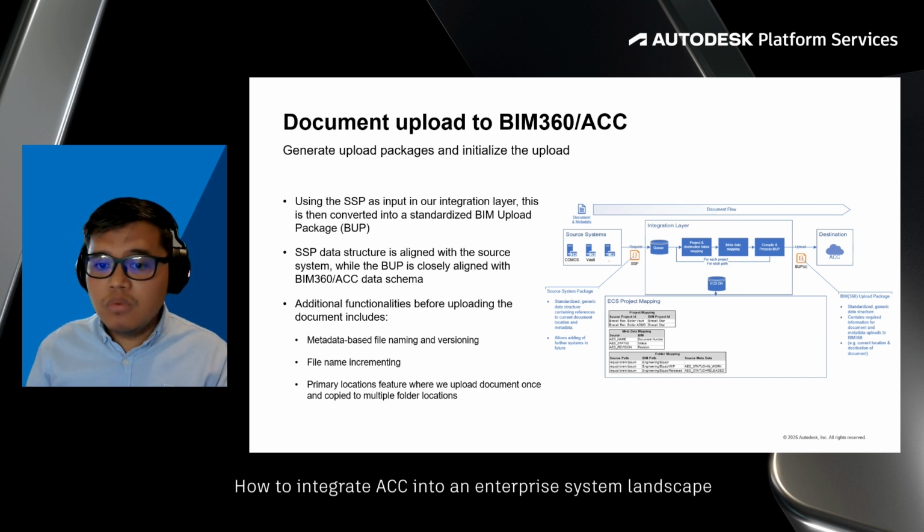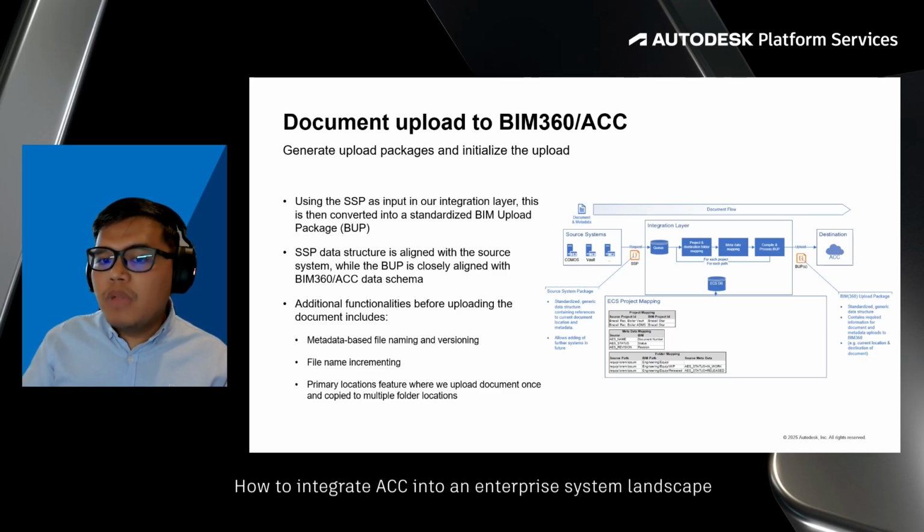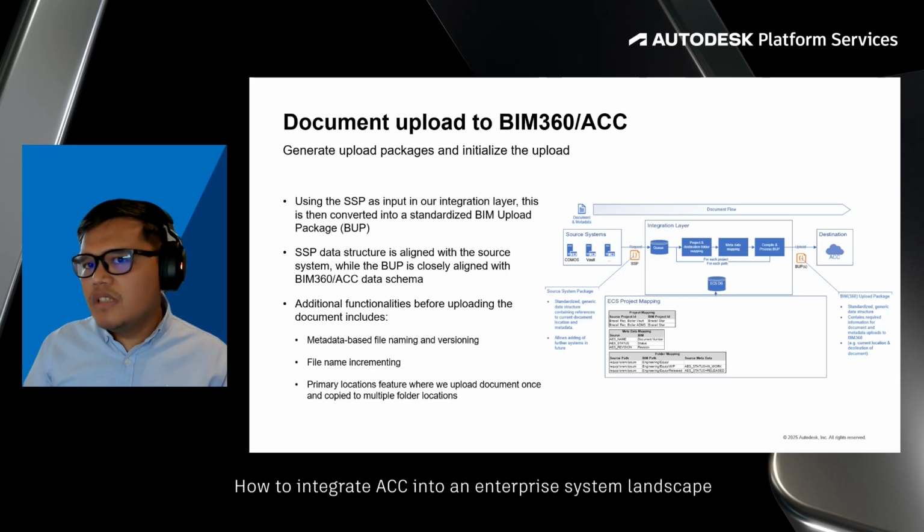One of the functionalities we have is the ability for the document name to be changed based on certain metadata. Actually, this functionality originated from a limitation in ACC mobile when we are searching documents.